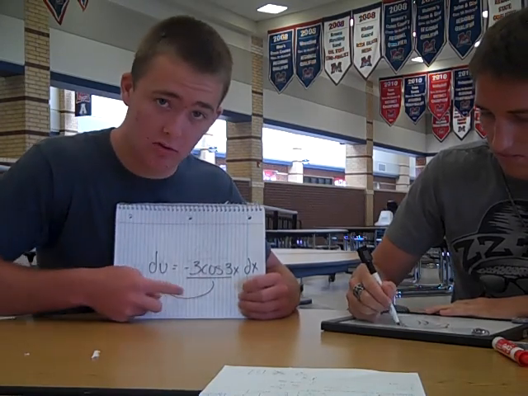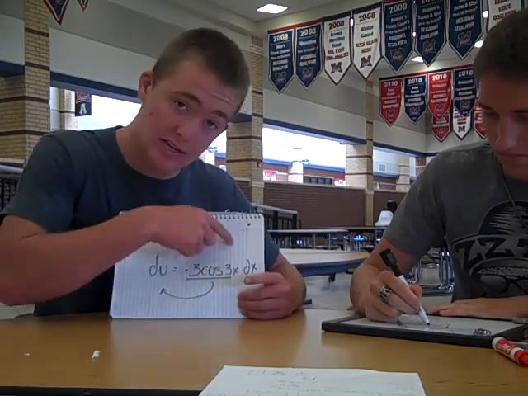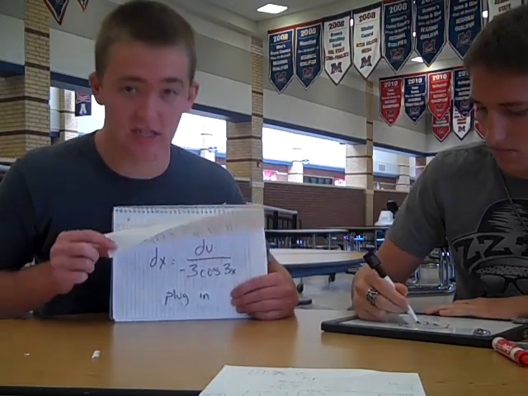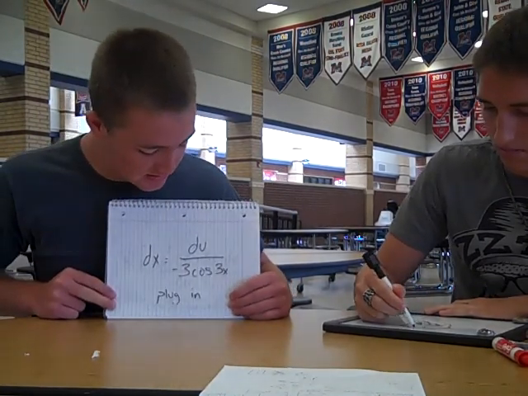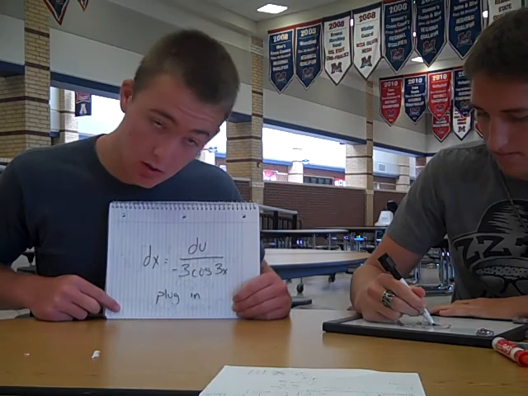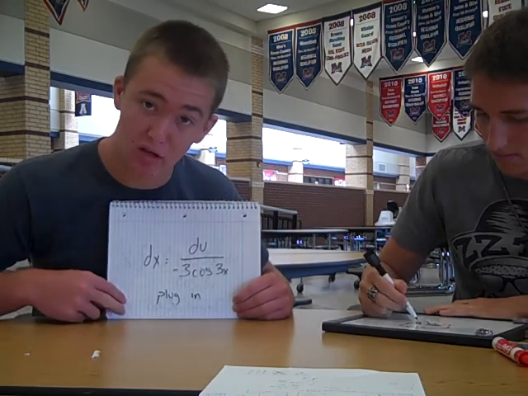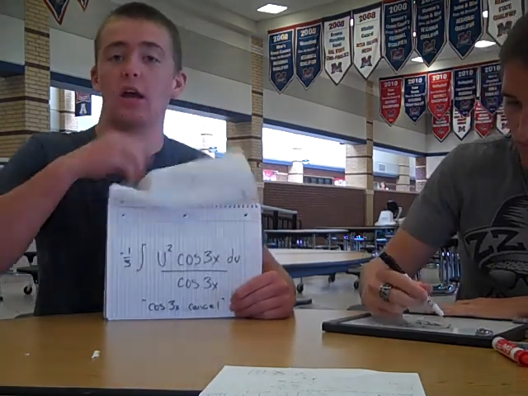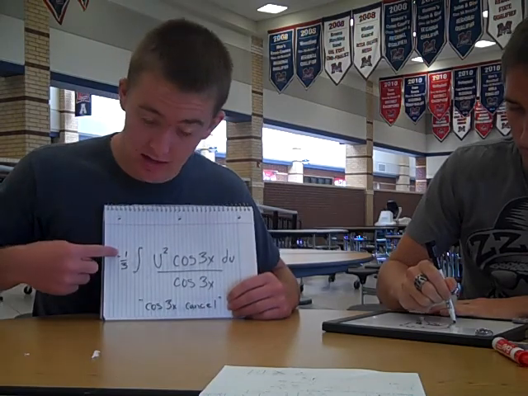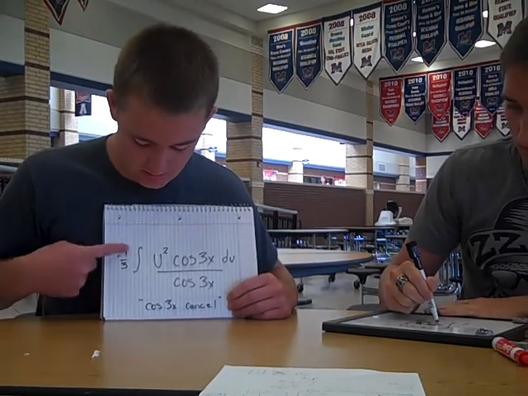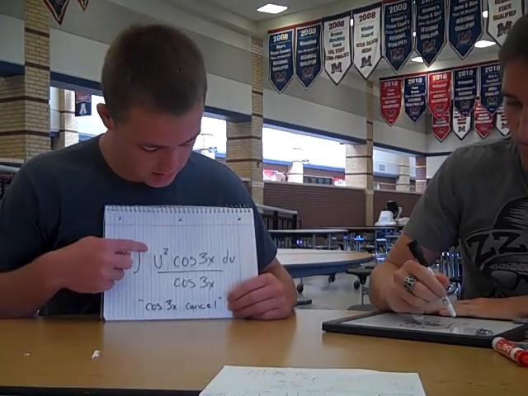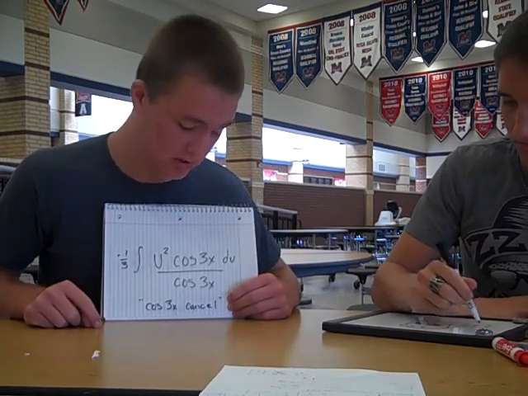Now, I drew this arrow to show that we're going to solve for dx once again. dx is du over 3 cosine of 3x. Now, we got to plug this back in to our equation. You got the integral of u squared cosine of 3x du over cosine of 3x.